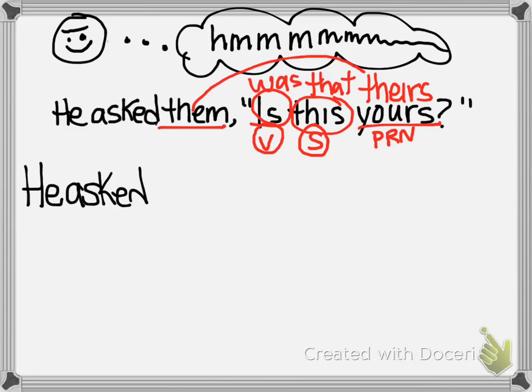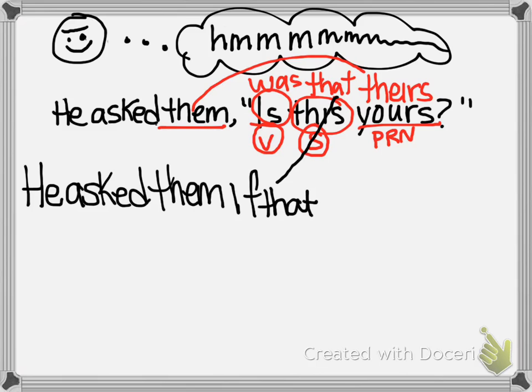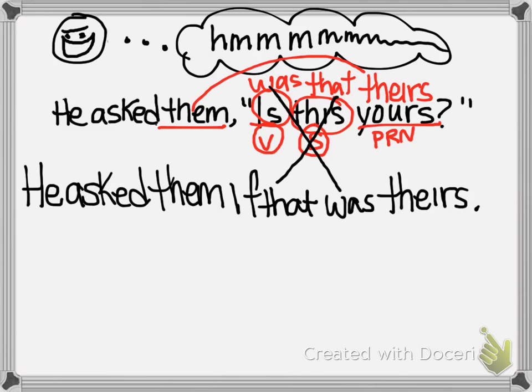He asked them. What comes next? If. Now let's change places. So that is our subject, so it's going to come first. If, that, and then our verb is going to come next. Was, and then theirs. He asked them if that was theirs. Ta-da! Not bad, not bad.